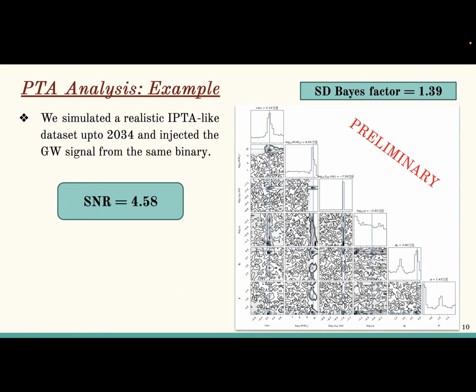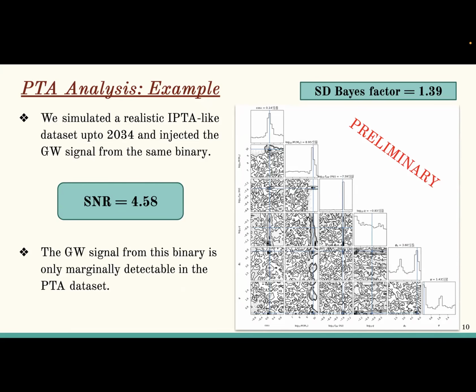This is what the posterior distribution of the binary parameters looks like for the PTA-only analysis. Again, this is inclination, this is total mass, this is frequency. The Bayes factor is only 1.39, so the gravitational signal from this binary is barely detectable in the PTA data set if we only use the gravitational waves.